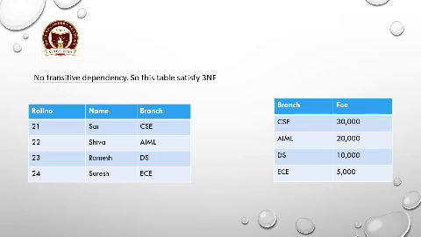In table 1, roll number is a primary key column and name, branch are non-primary key columns, but they are not depending on each other because Sai can be in the CSE branch and also can be in AML or DS or ECE branches. So name and branch are not dependent on each other. So the transitive dependency is removed in this table, and table 2 is a separate table for transitive dependency. So the student table achieved third normal form.